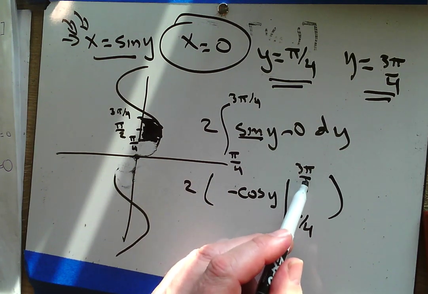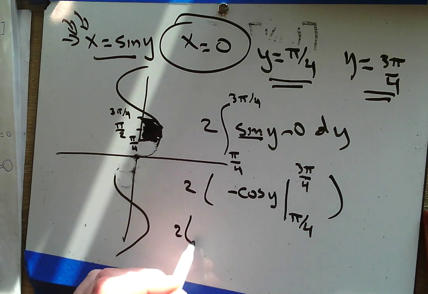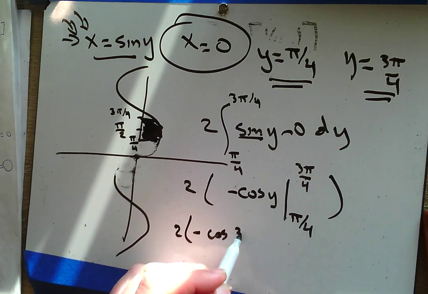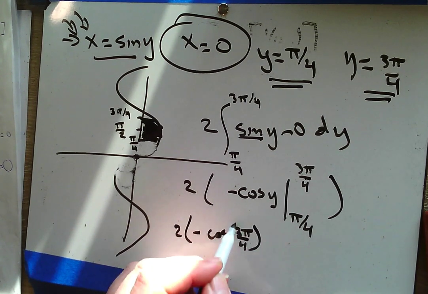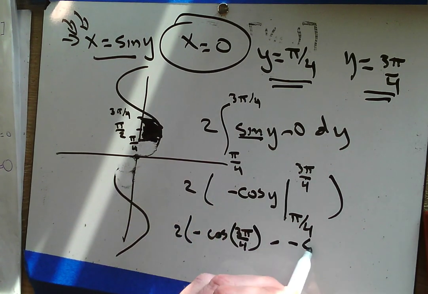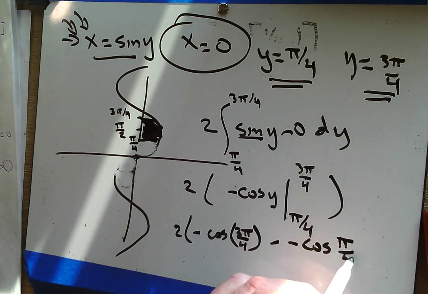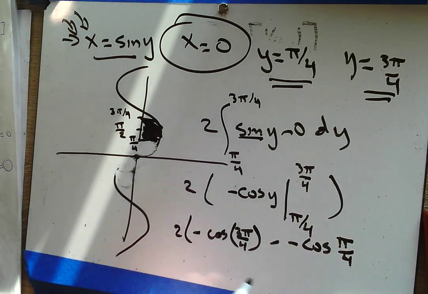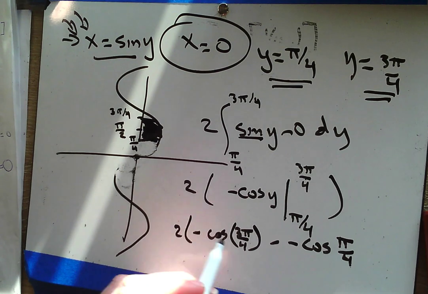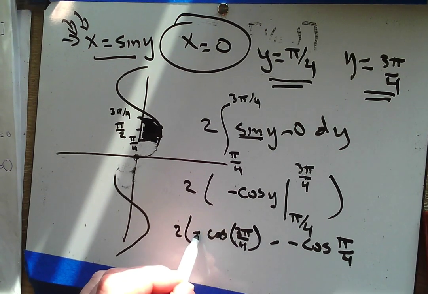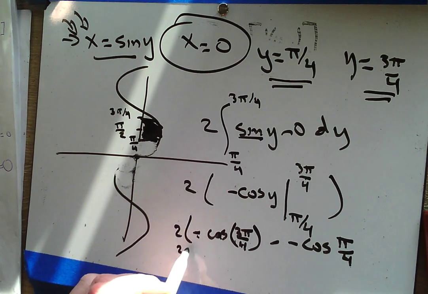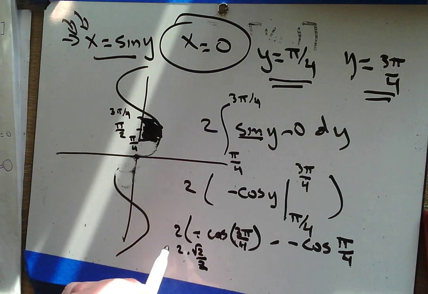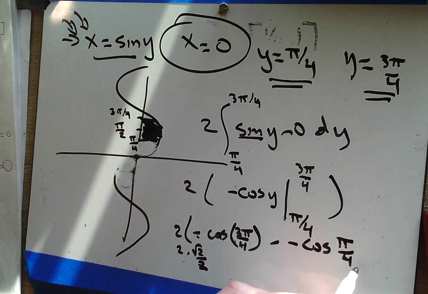So 3 pi over 4, negative cosine 3 pi over 4 minus negative cosine pi over 4. Okay, so cosine of 3 pi over 4 is negative root 2 over 2, times negative is positive root 2 over 2. And these will cancel. But that 2 has to go everywhere.